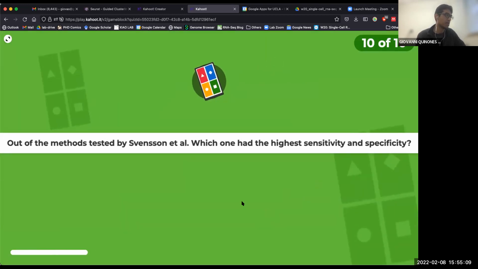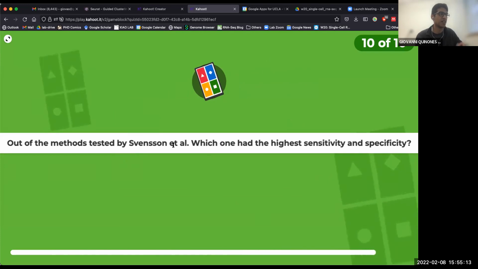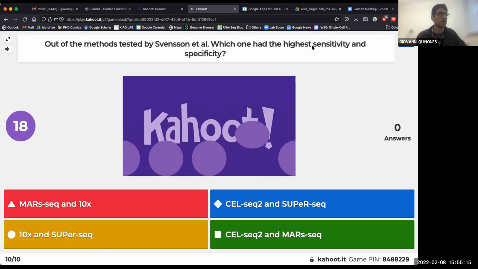And the last one, out of the methods tested by Svensson, that's the last slide I showed. Which one had the highest sensitivity and specificity? First method for highest sensitivity and second for highest specificity.